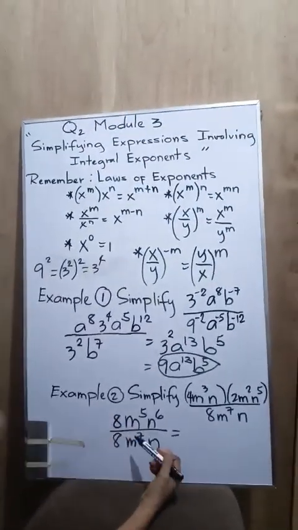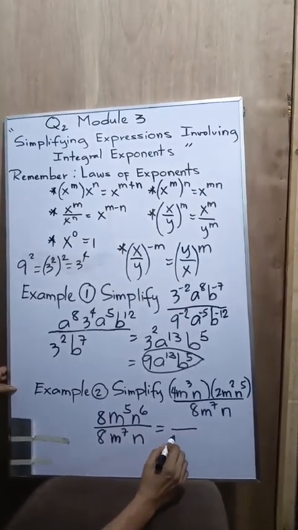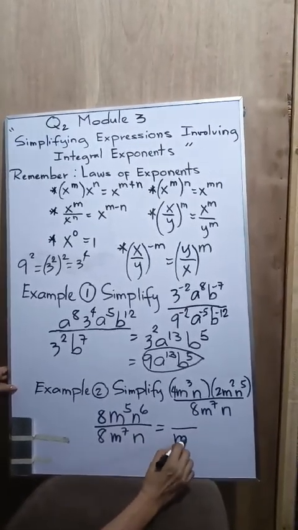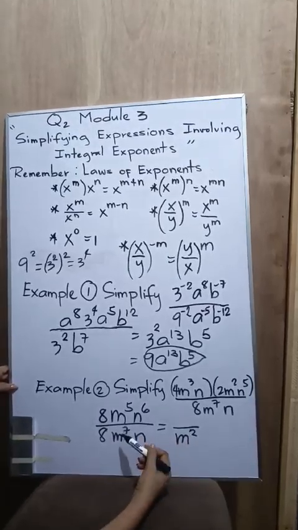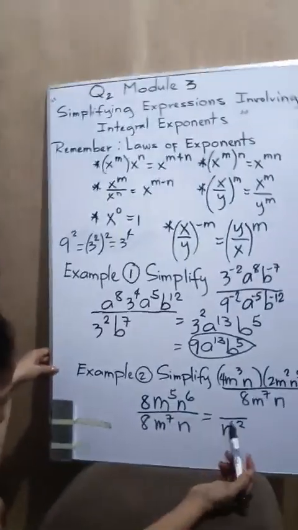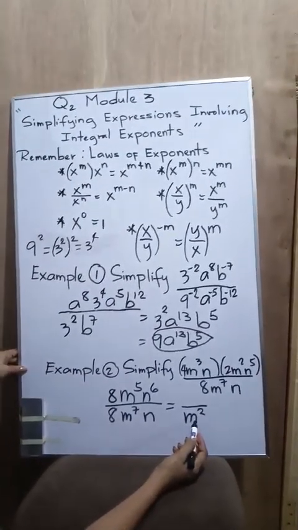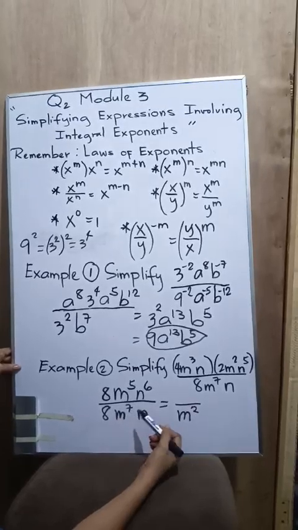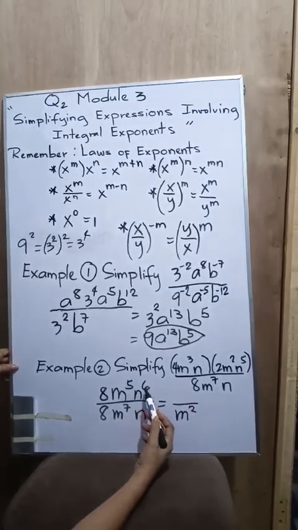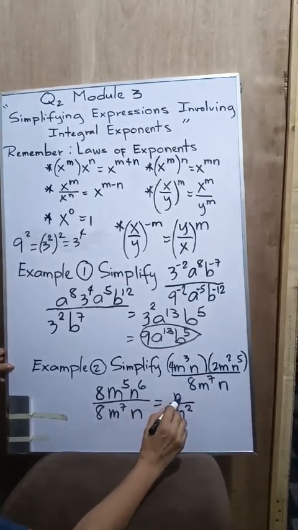And of course, 7 is bigger than 5, so we just write m here in the denominator with an exponent 2. So since 7 is bigger than 5 and we don't have negative, so this will become denominator when it comes to the quotient. And for the n, 6 minus 1, the n is 5.